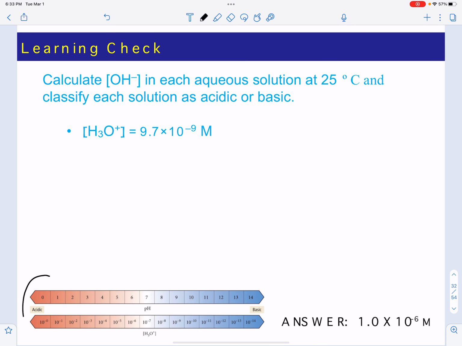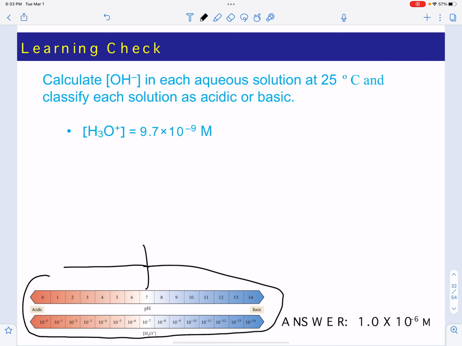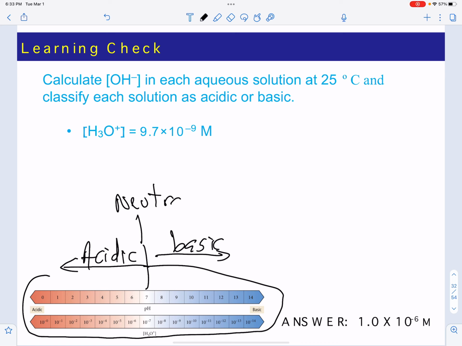So here's the scale. Anything below 7 is acidic. Anything above 7 is basic. And right at 7 is neutral, just like water is supposed to be.